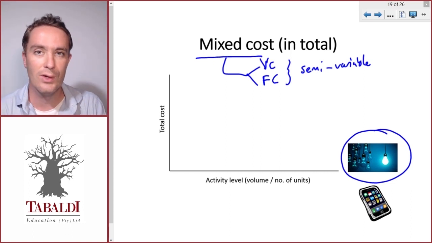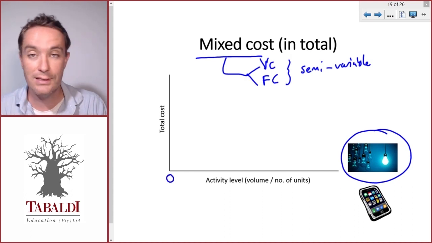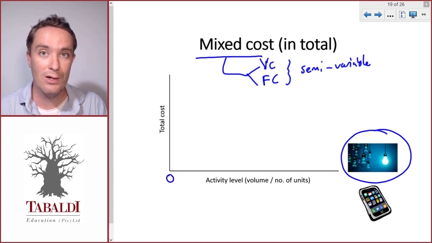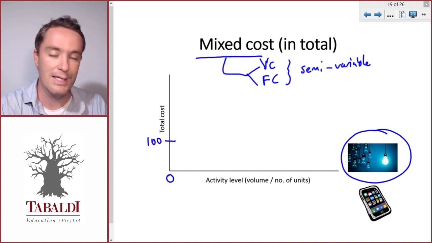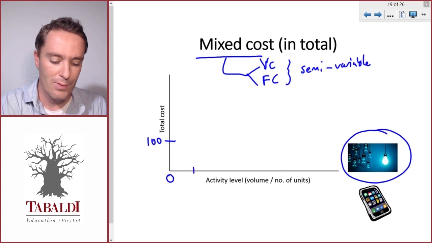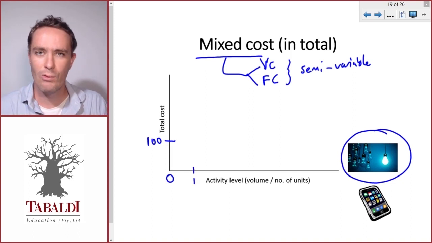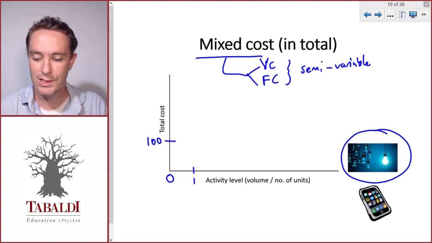So let's see how it looks on the graph. In the month where we don't make any tables, so we don't use any power tools, we pay 100. And that's to keep the lights on. Now say we make one table. Now we've got a meter running there in the corner of the shed and we can see how much electricity we use.